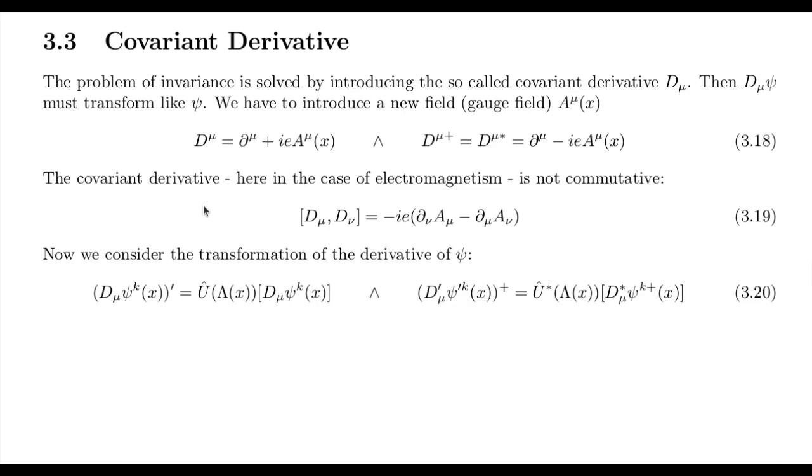Now we consider the transformation again of the derivative of the wave function psi. So we again write this, but now we have exchanged the normal partial derivative for the covariant derivative, or here in the adjoint term.